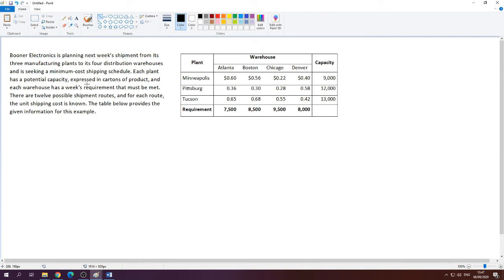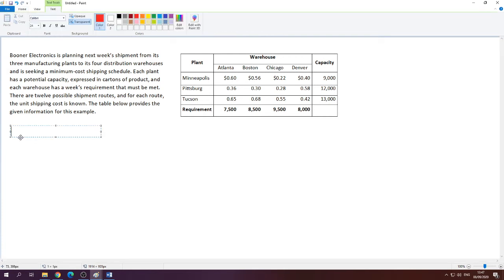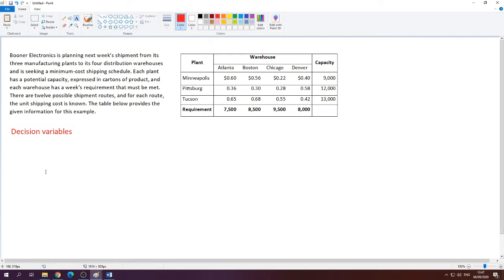It is the same as the previous problem. The first thing that we need to do is to get the decision variables. Now I think it is easier for me if I just copy this table.